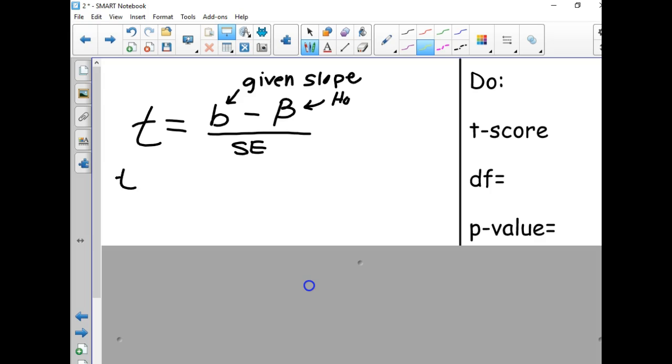So T is 0.03 minus 0 divided by our standard error, 0.02448.